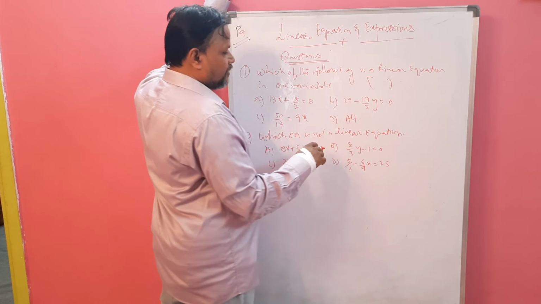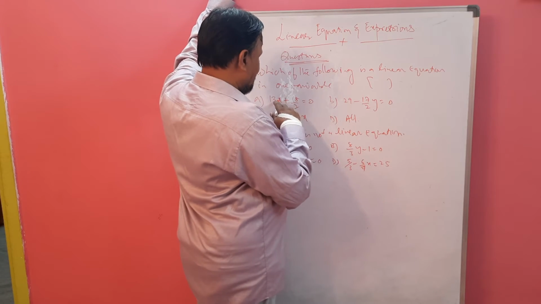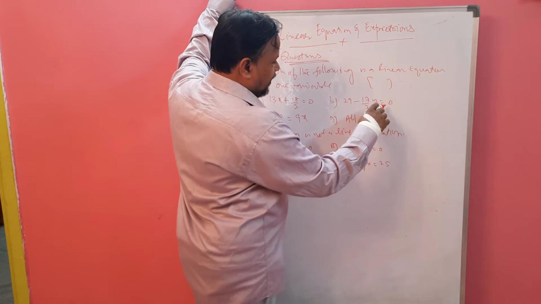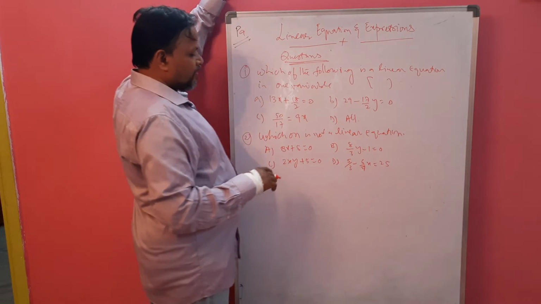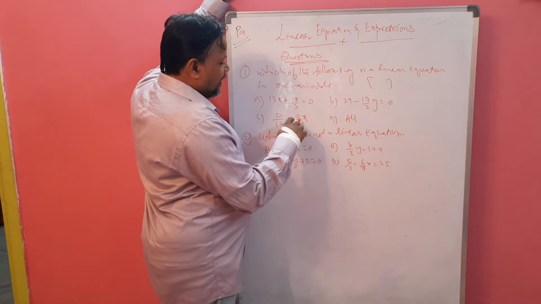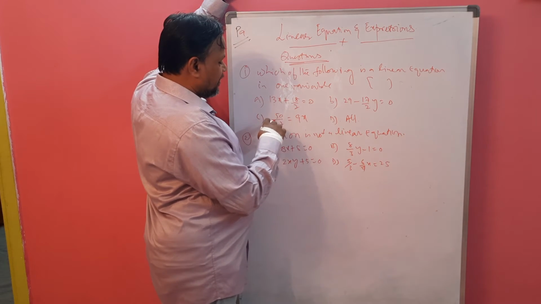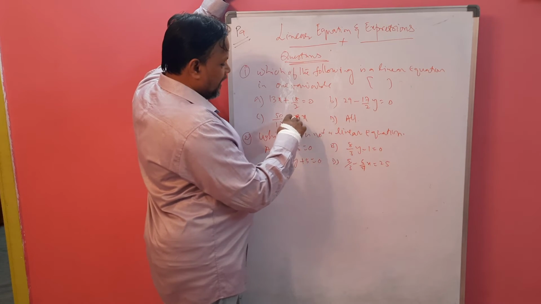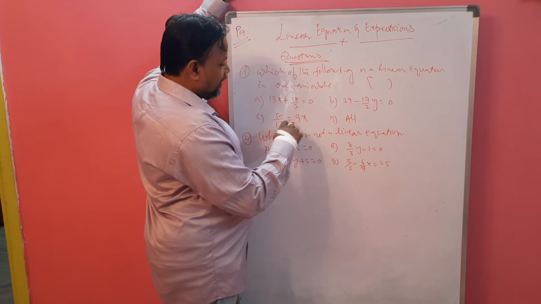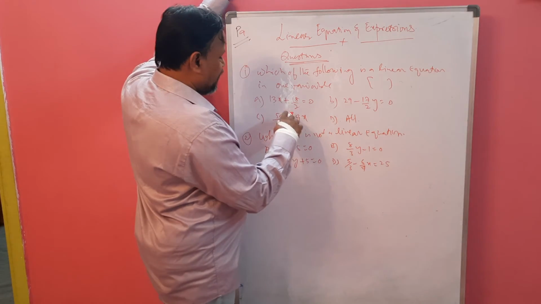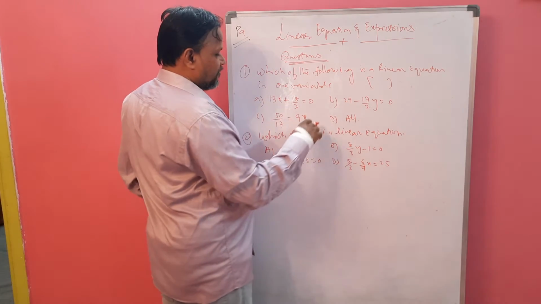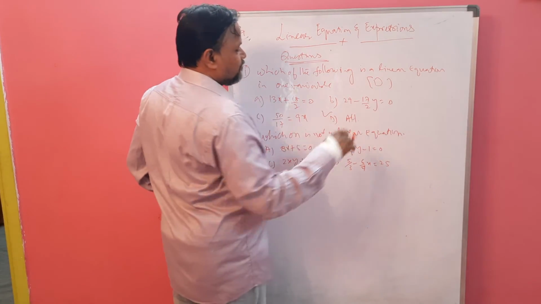A is not equal to 0, b is there. Again this is equal to some value that is 0. 50 by 17 equal to 9x. If you move this number, you will get 0 equal to 9x minus 50 by 17. This is also a single variable equation, a linear equation in one variable. All are linear equations, so D is your answer.